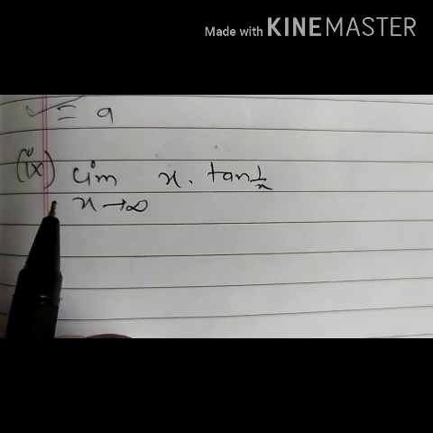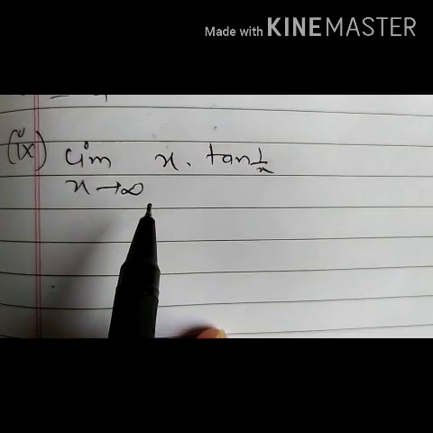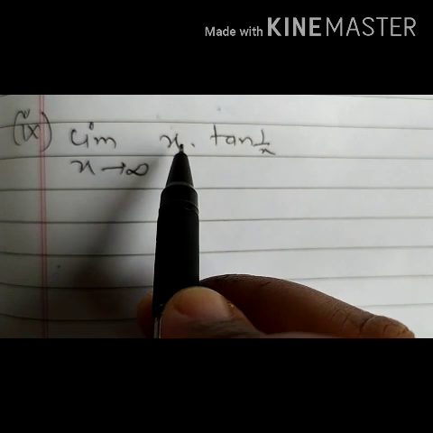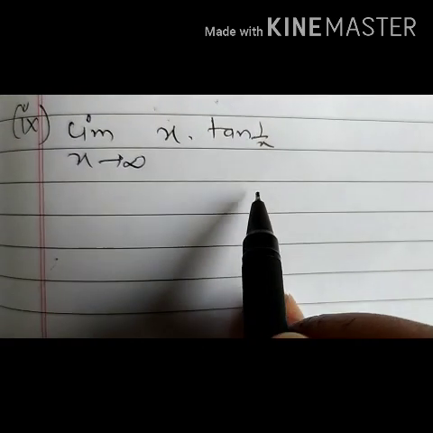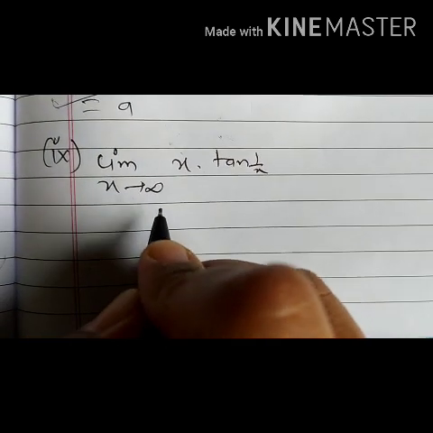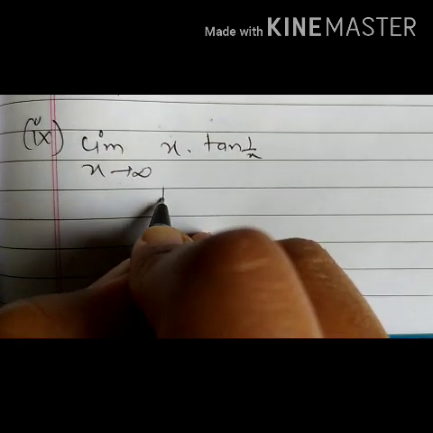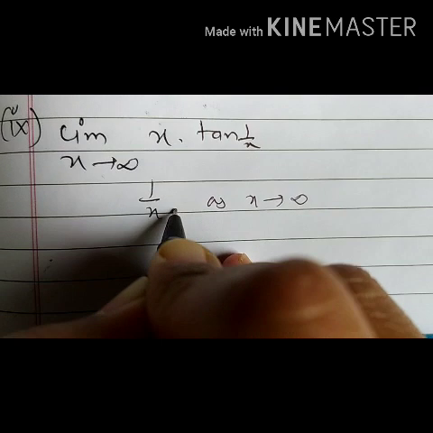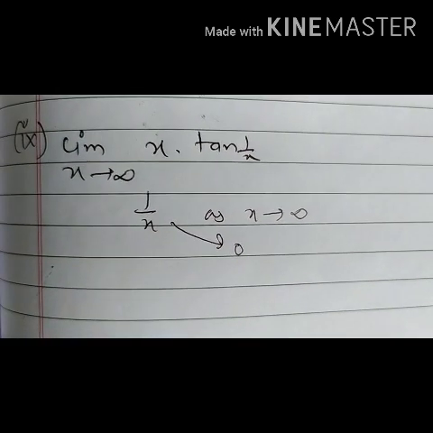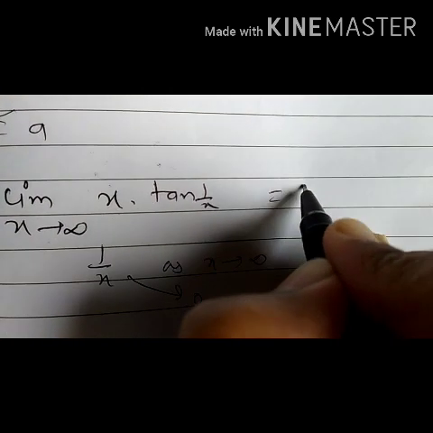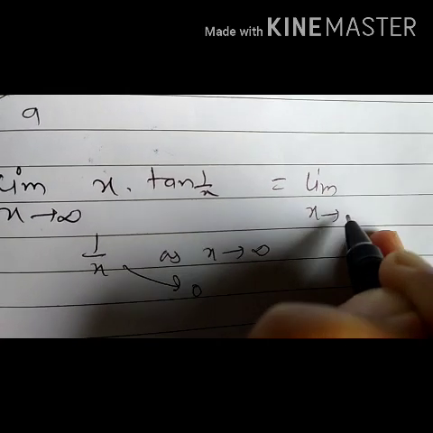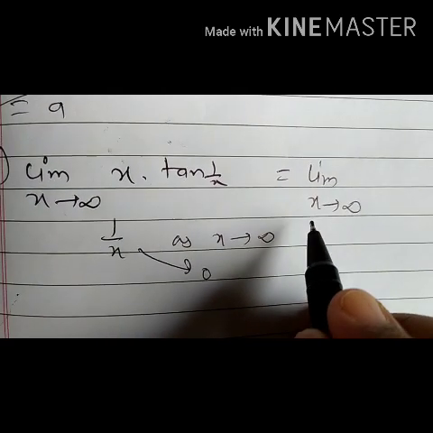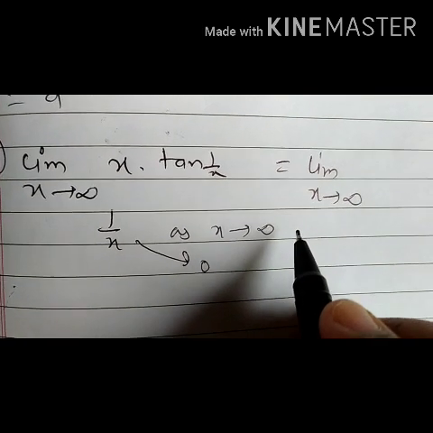Now we'll see the 9th example. Limit as x tends to infinity x into tan of 1 by x. Now as in the previous example, we'll write this x as 1 upon 1 upon x. When x tends to infinity, 1 upon x will tend to 0. Okay, so we can write this as limit as x tends to infinity. Students, no need to write here 1 upon x tends to 0, because we know that x tends to infinity means 1 upon infinity will be 0.